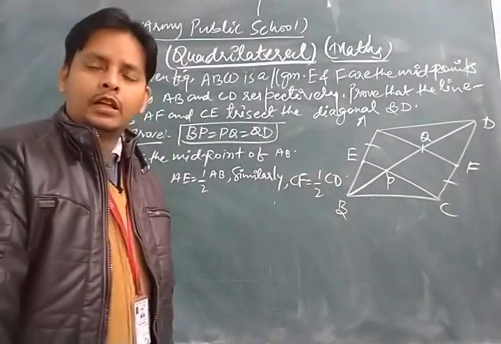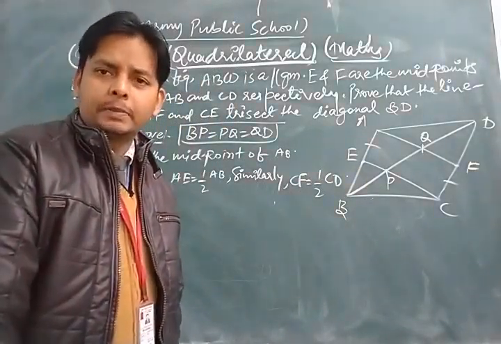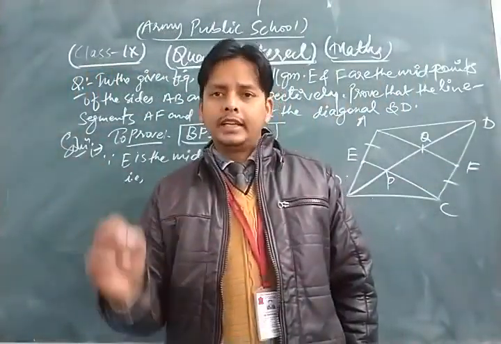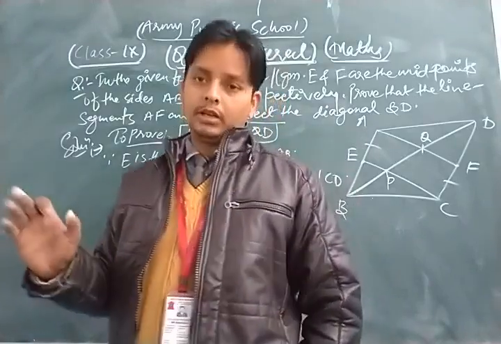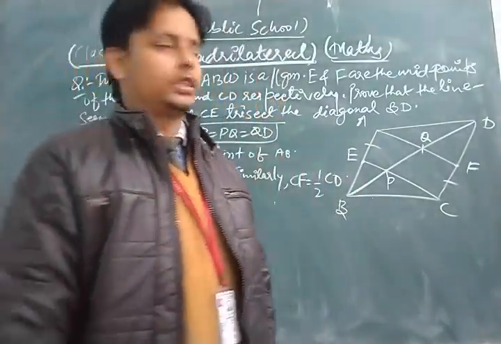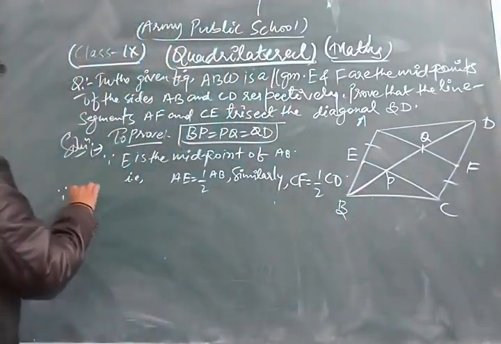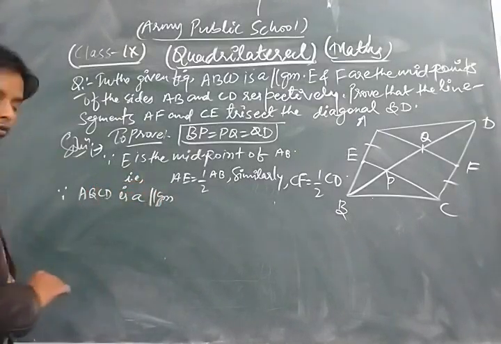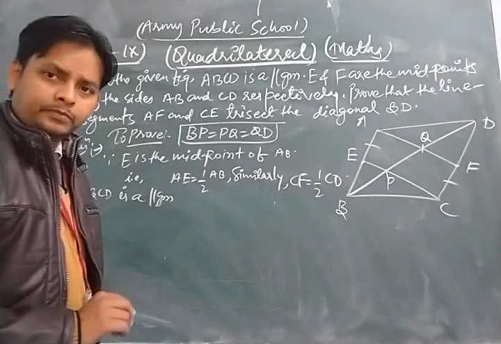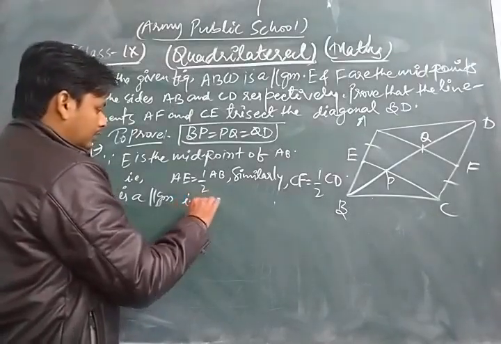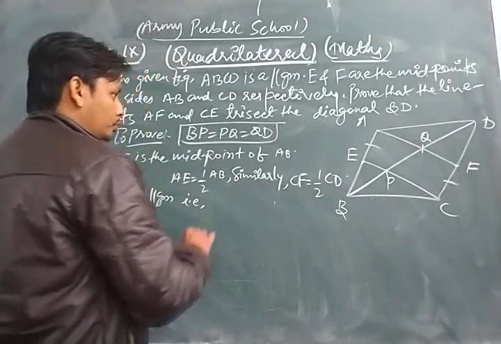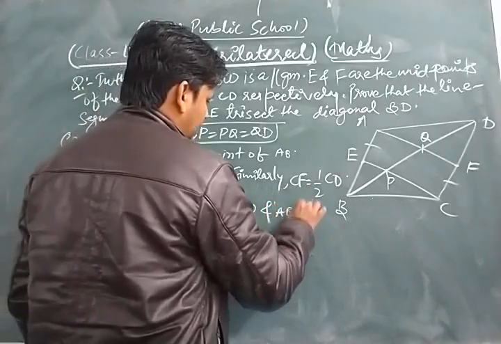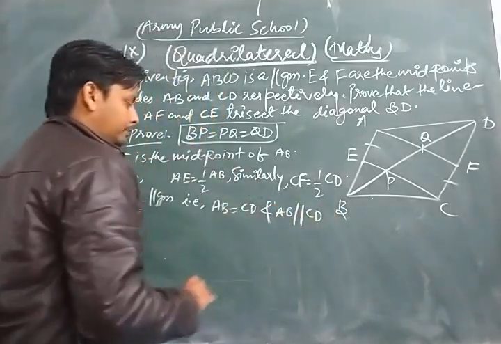Now since ABCD is a parallelogram, by the property of a parallelogram, opposite sides are parallel as well as equal to each other. That is, AB is equal to CD as well as AB parallel to CD.